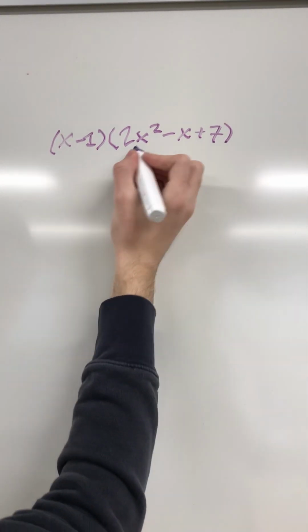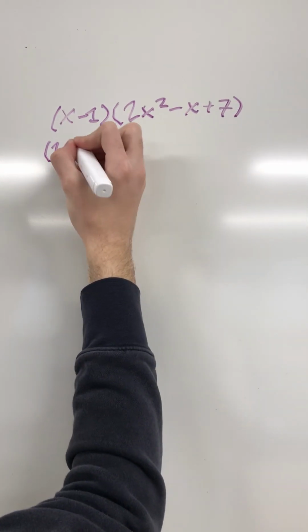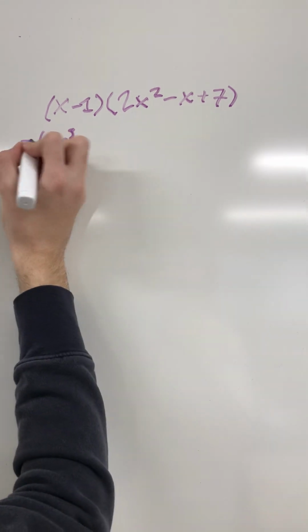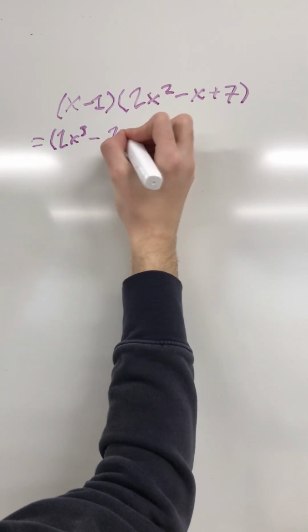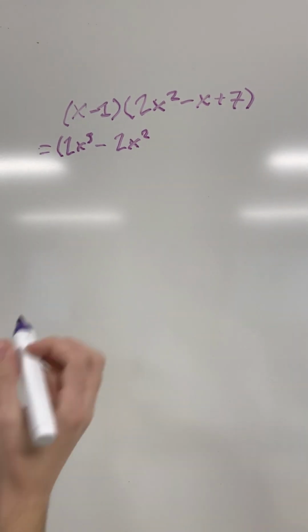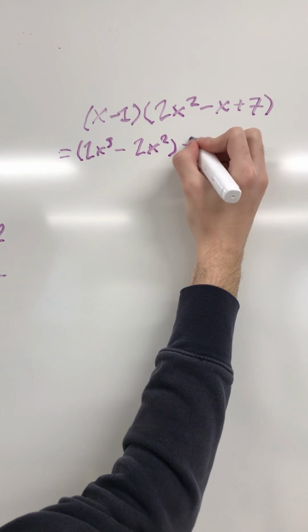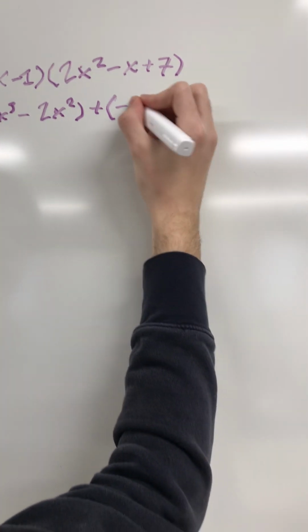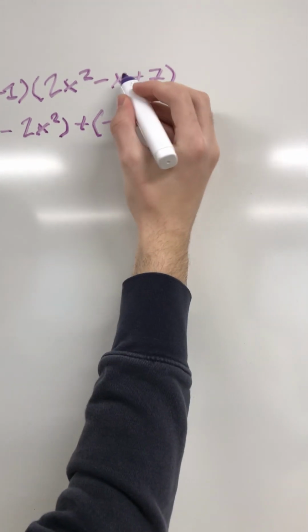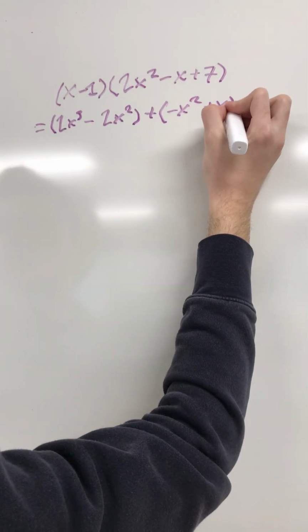Okay, so you multiply this by this, and that gives you 2x. And then you multiply this by this, minus 2x. Notice that that's exactly that right there. And then you add this one, which is negative x squared, and then plus x.